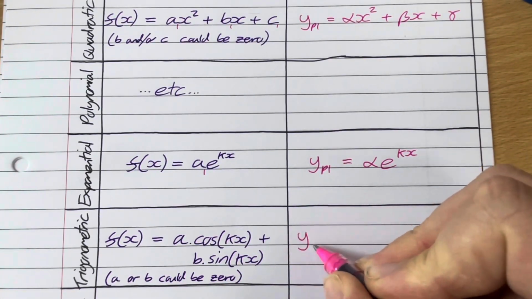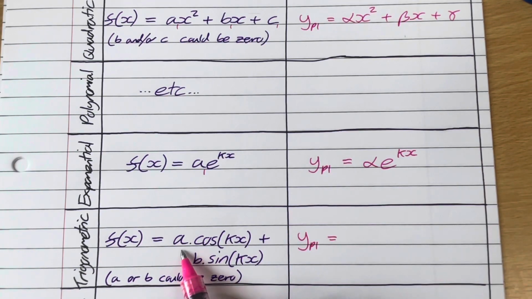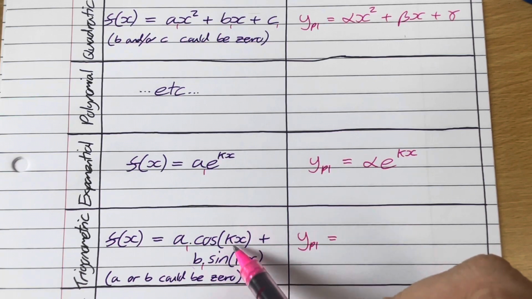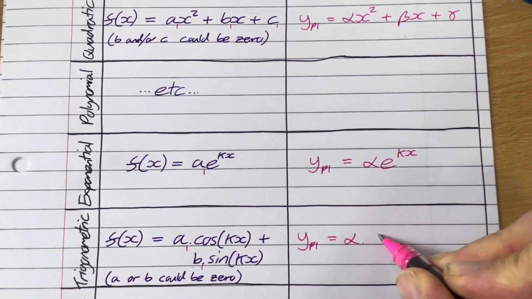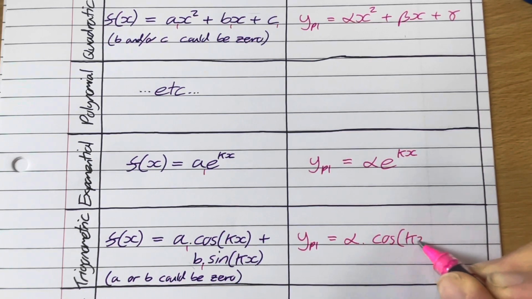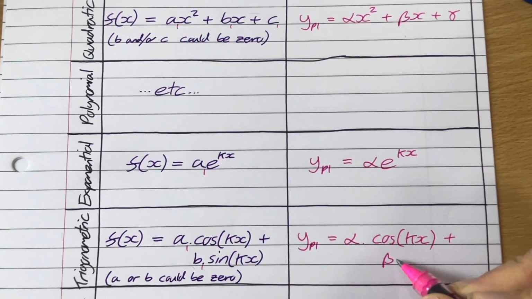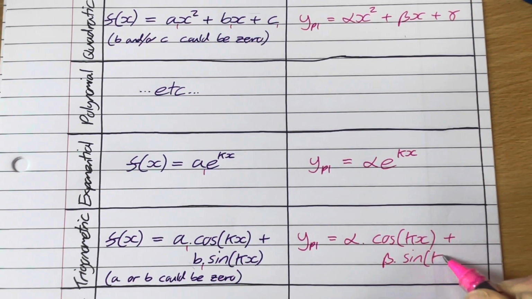Trigonometry, the particular integral: I've got a and b, and a number k as well. So I would need to try alpha times the cosine of kx plus beta times the sine of kx. And I'd have to include both cosines and sines, even if one of those isn't there, for the same reason as the linear case above, because when I differentiate the cosine and put it through the differential equation, I'll get sines.